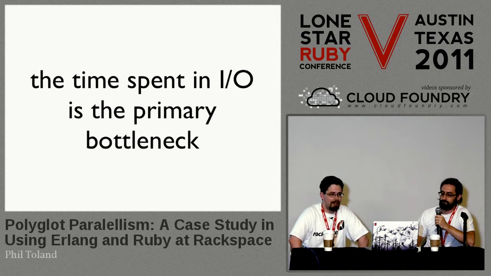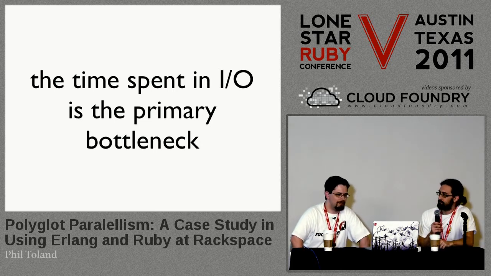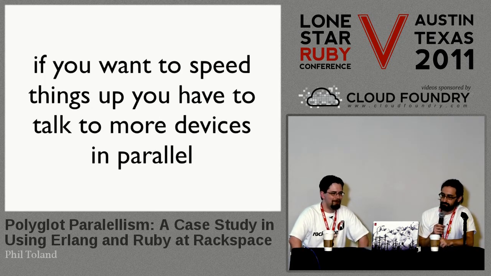The time we spend in I/O is the primary bottleneck, communicating with all of these devices. This is one of those situations where we're hard bounded by network I/O. And so that means that if you want to speed things up, you've got to talk to more devices in parallel.